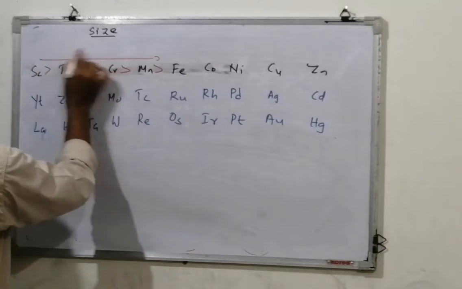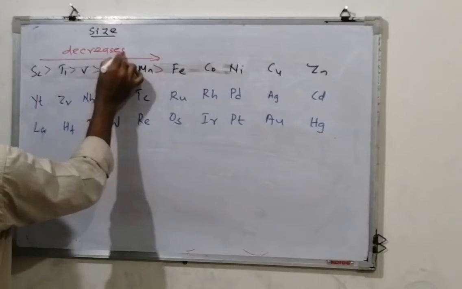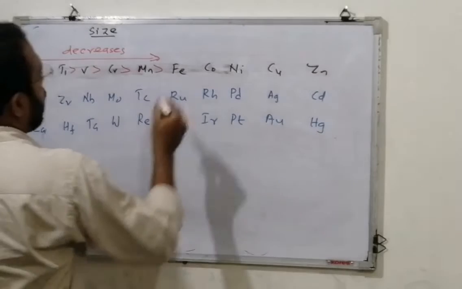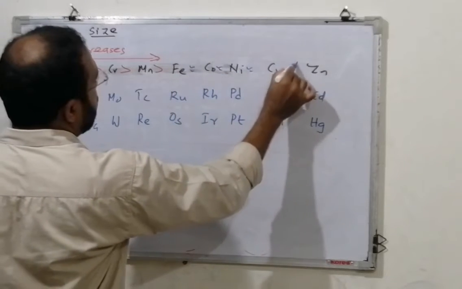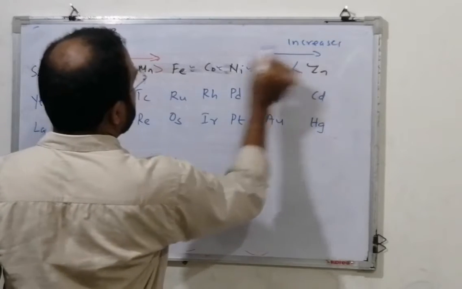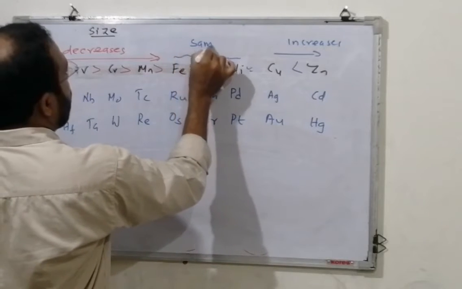Up to this, it decreases. Now here almost equal, then increases. Here same radius.